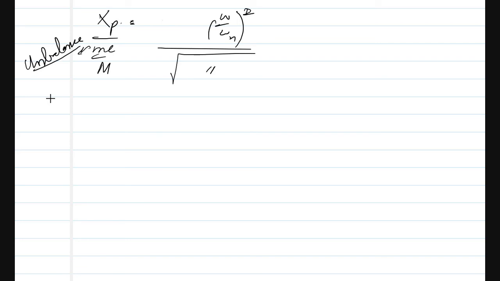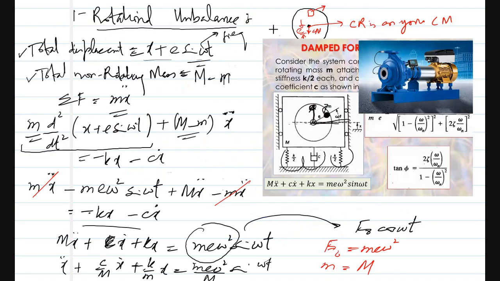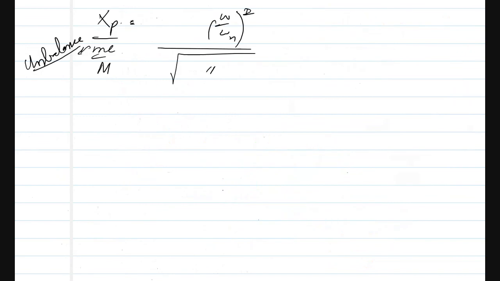And you can see that if I put this e equal to 0, what is e? It's the distance from your center of rotation to the center of mass. If this goes to 0, which means your body is balanced, then the vibrations go to 0.